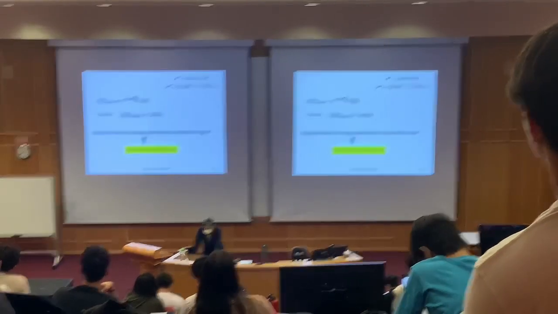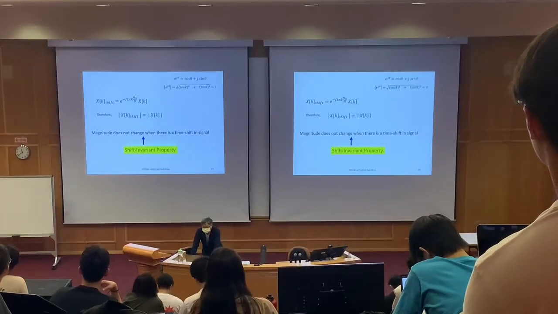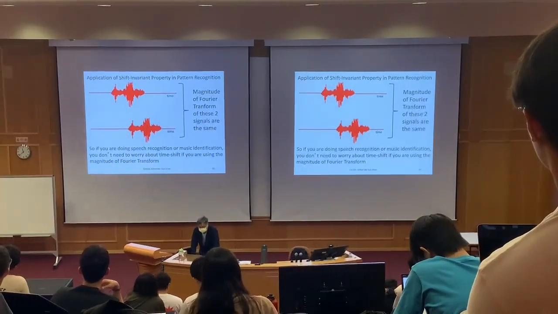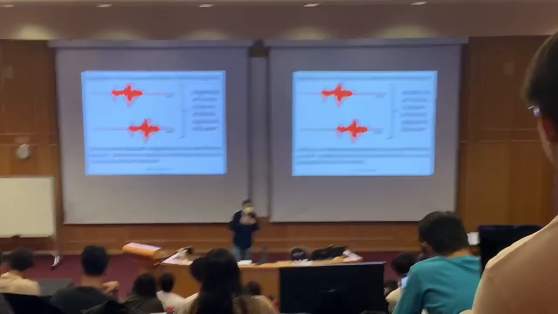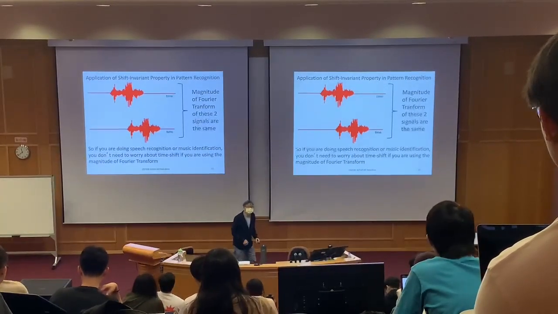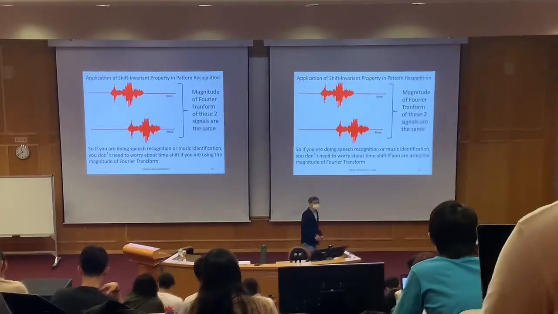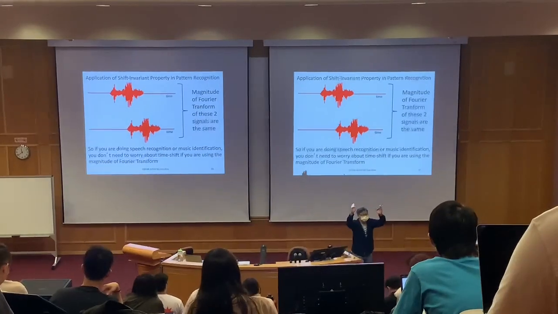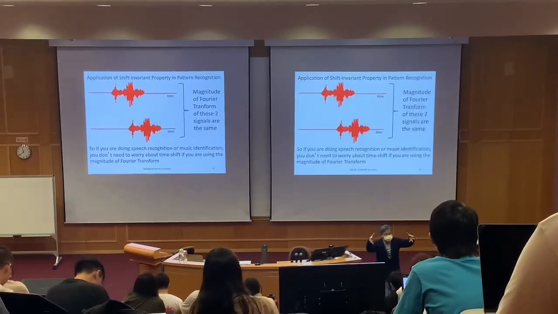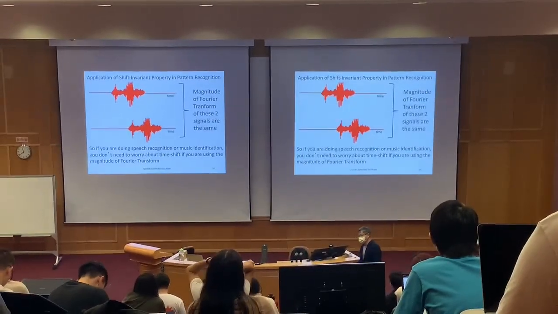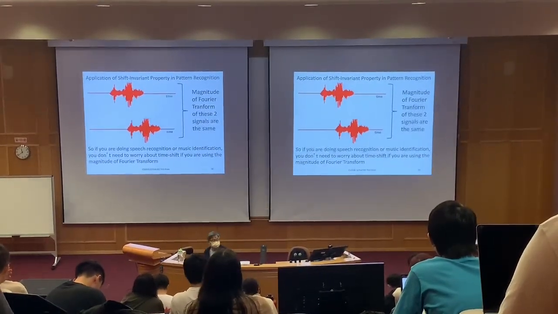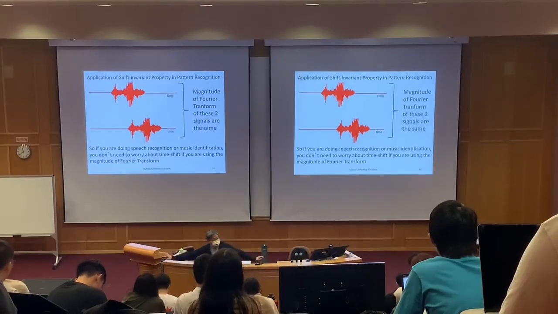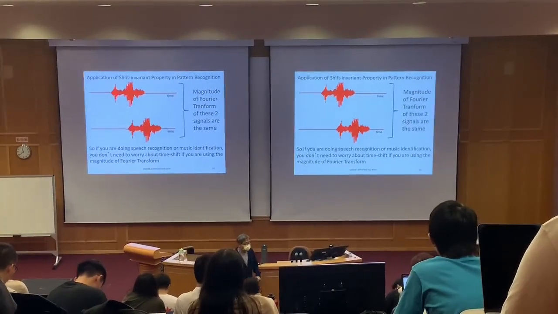The shift invariant property is just for info, and it is actually useful for pattern recognition. Let's say I'm looking for the pattern in your voice, 'may the force be with you.' I take a copy of the voice, 'may the force be with you.' Then you give me another audio clip that contains 'may the force be with you' and zero elsewhere.